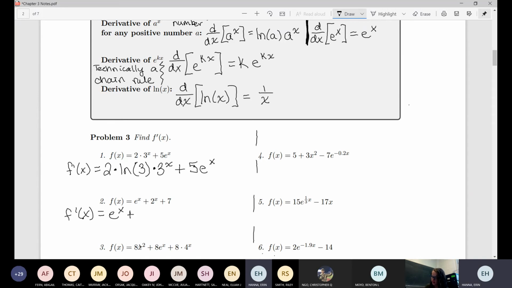And I have to add that to the derivative of 2 to the x, which my rule tells me is the natural log of 2 times 2 to the x, plus the derivative of 7, which is no variable, so that's just a number, so the derivative of a constant is 0. So of course you can write it without the 0.